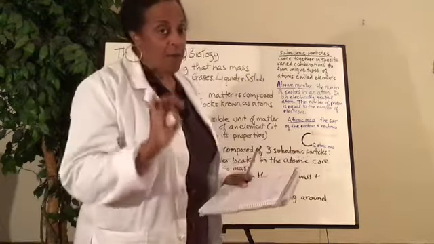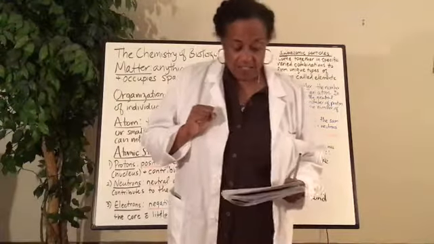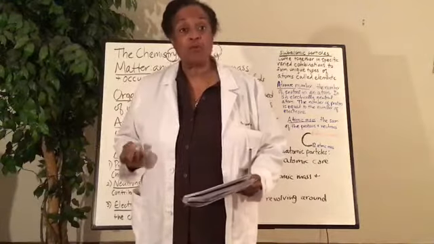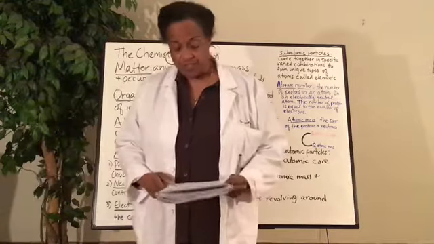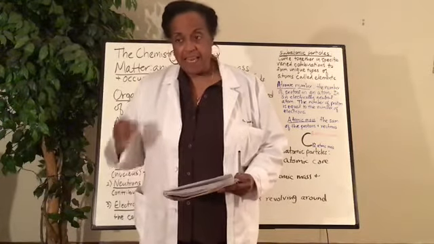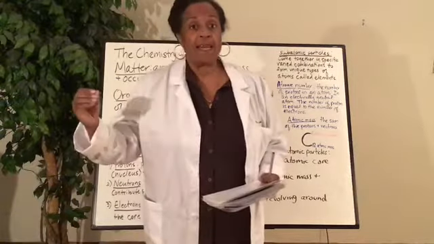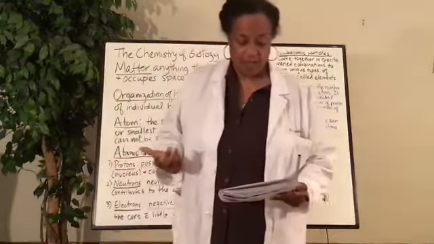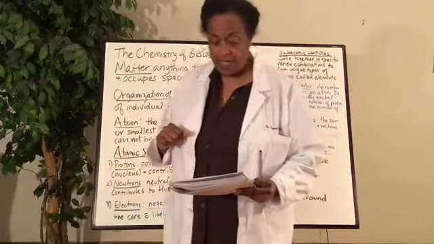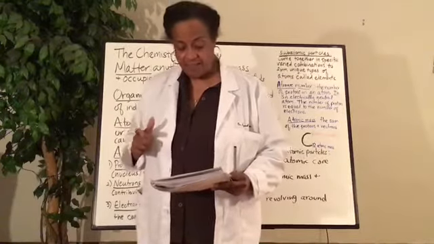Now, remember, some isotopes have unstable nuclei, and they spontaneously release energy. And that energy will be in the form of radiation, right? So you can have radioactive isotopes, and they can play an important role in research and medicine.